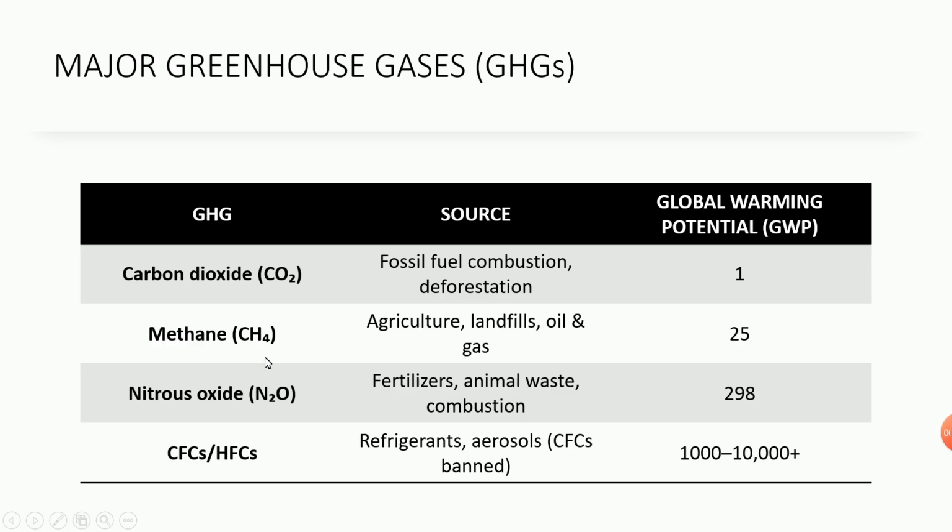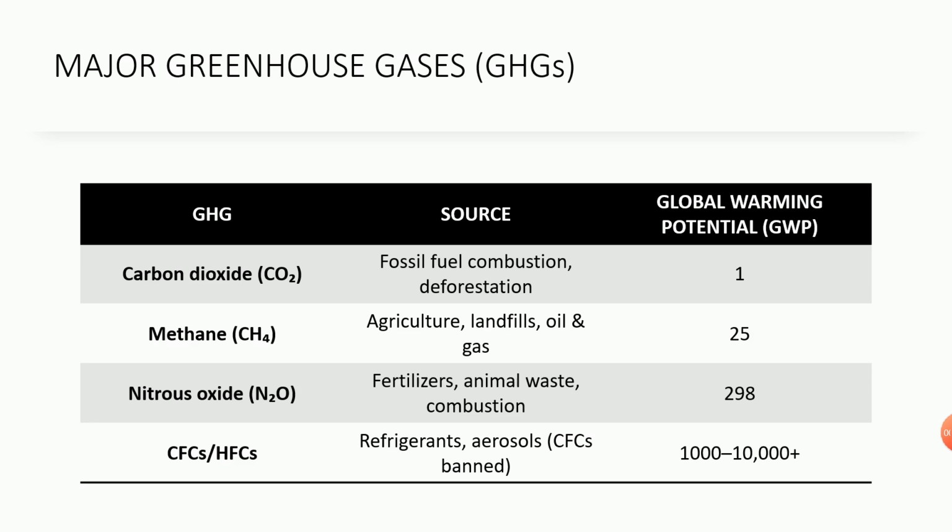Next, nitrous oxide: the sources are fertilizers, animal waste and combustion. Last are chlorofluorocarbons and hydrofluorocarbons. These are refrigerants, which we use in AC, fridge, all those things. And then aerosols. Because CFCs are banned, aerosols are somewhat the particles or pollutants being emitted.